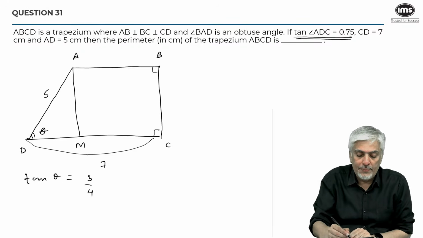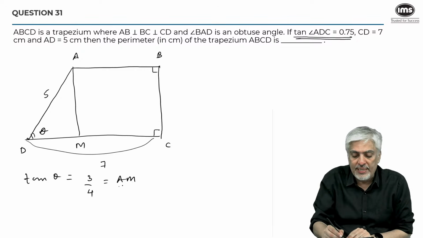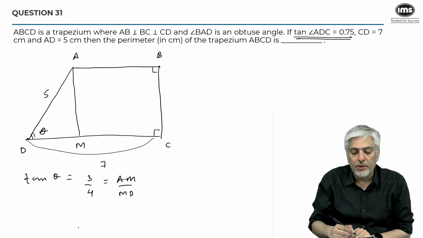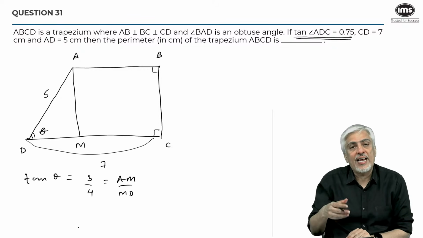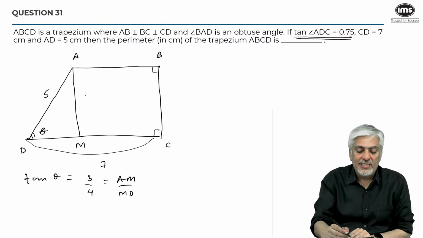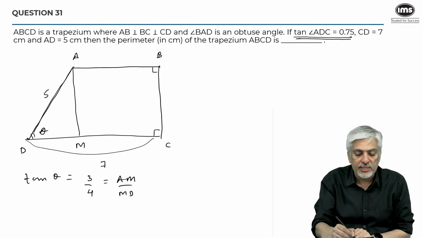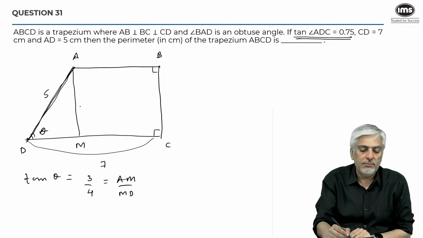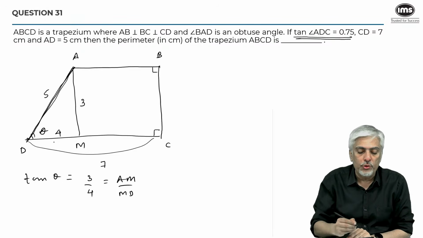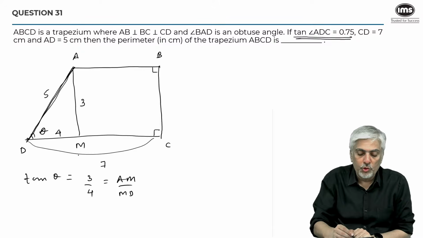If tan theta is 3 upon 4, that means AM upon MD is 3 upon 4, because tan is opposite upon adjacent. That means this will come out to be 3 and 4 because this is 5. This full was 7, so this is also 3. This is 3, this is also 3 because all angles are 90 over here.